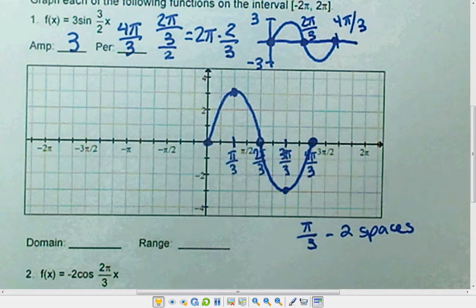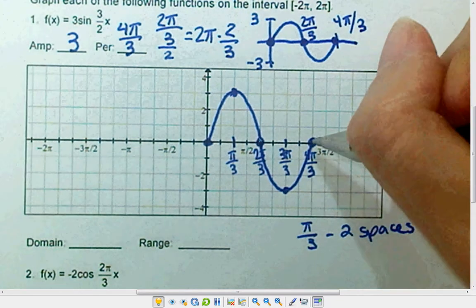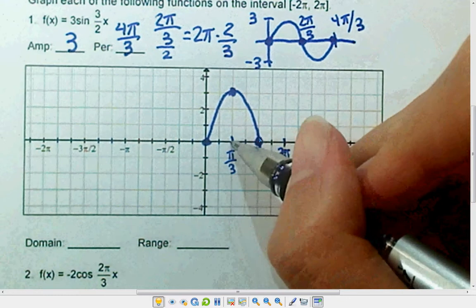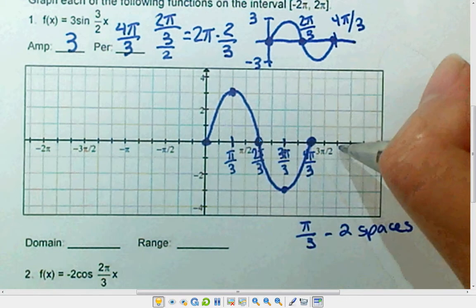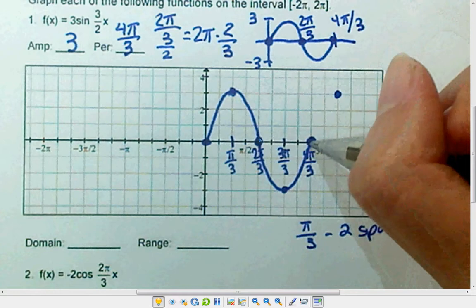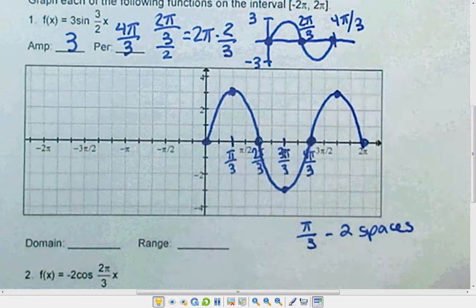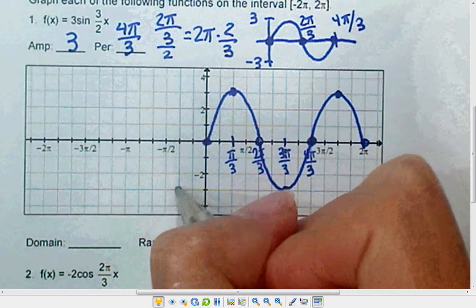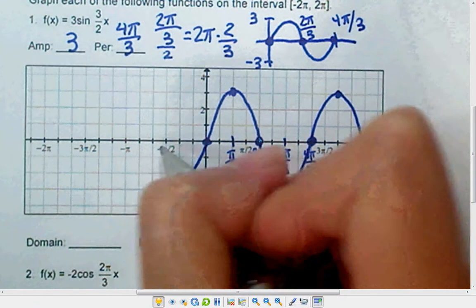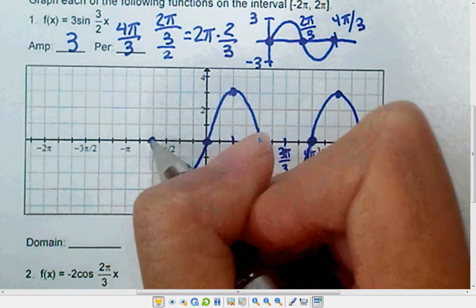And we're just going to repeat this. So I know that this one goes 2 over, and then it goes up to 3. So I'm going to go 2 over, it goes up to 3. And 2 more, and it goes back down. Same thing on this side, 2 over, this one goes down. 2 over, so it goes up.